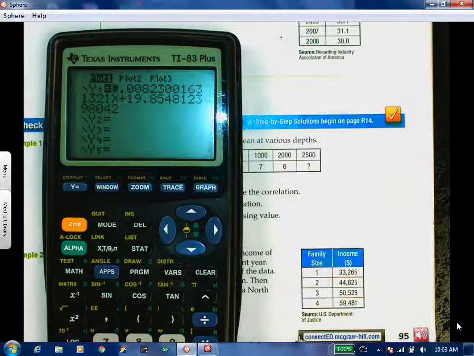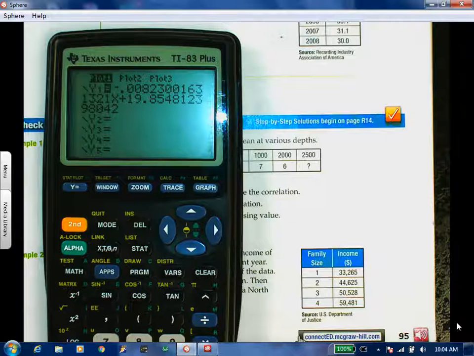Yes. Did you push y equals? Push y equals. Okay. Does everyone have it in there? Nope. You didn't do the y1 then. That's the issue. So if you hit y equals, check yours in there.